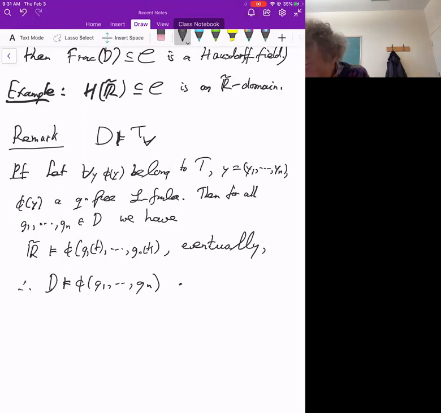But D satisfying all universal sentences that are in T is equivalent to saying that D can be extended to a model of T. And actually, the point here is that D can be extended to an R tilde domain, which is a model of T. And that's what we are going to do later on.